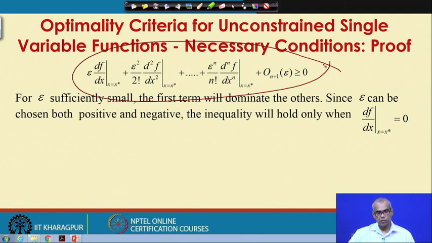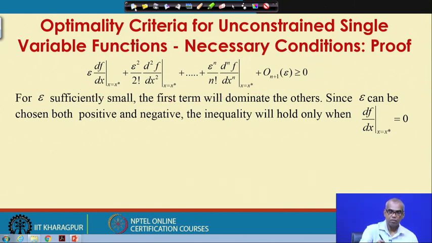Now, we know epsilon is small. So, as we go from first term to second term, from second term to third term, the contribution of each term decreases. The first term will dominate the others. Now, let us look at the first term only.